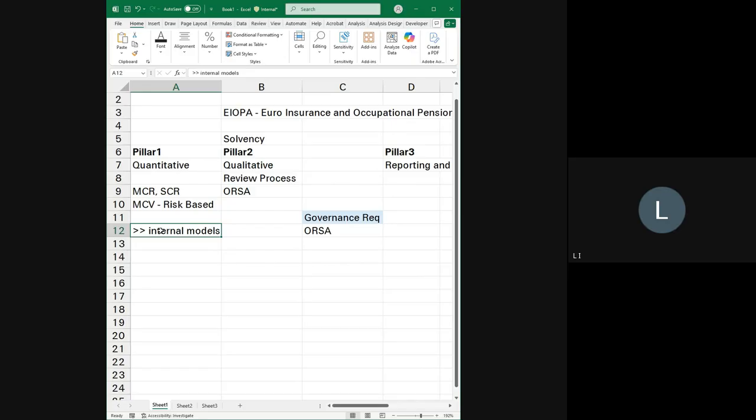So an internal model is something that's internally developed by the insurance company. A governance requirement will also involve specifying how the internal model works: why is the internal model being used, and how is it taking care of all the risks while calculating the capital requirement? That is also explained in the governance requirements.